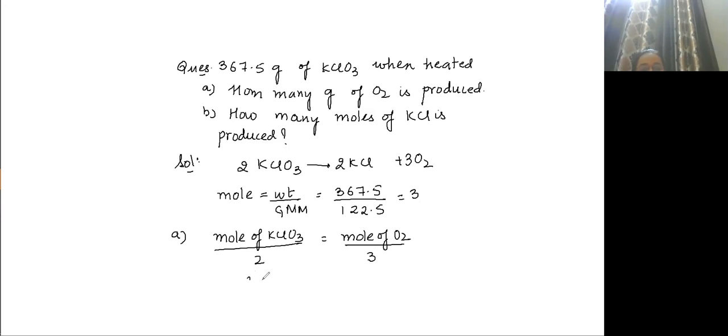So what is moles of O2? 3 into 2 into moles of KClO3. And KClO3 moles is given as 3. So it will be 3 into 3 by 2, that is 9 by 2. If moles is given, how will you calculate weight?